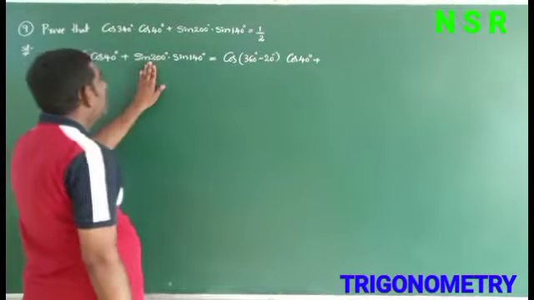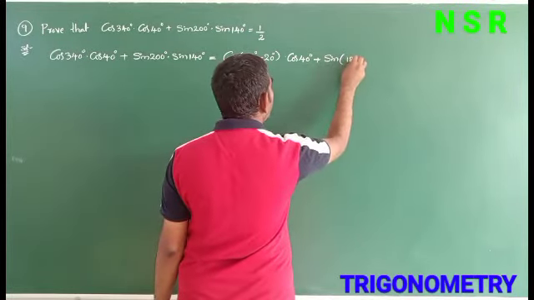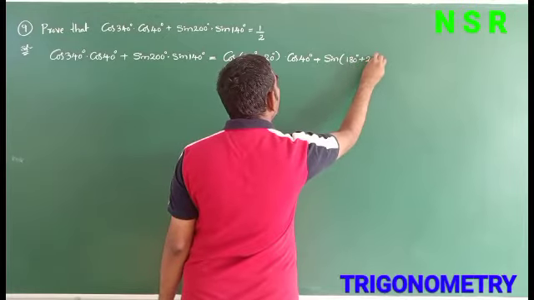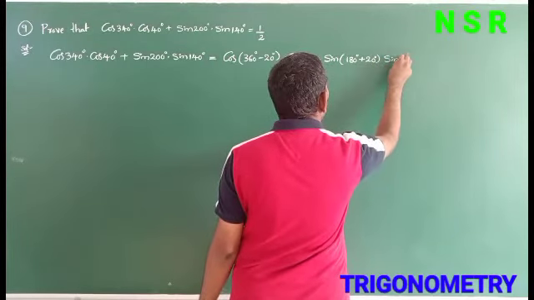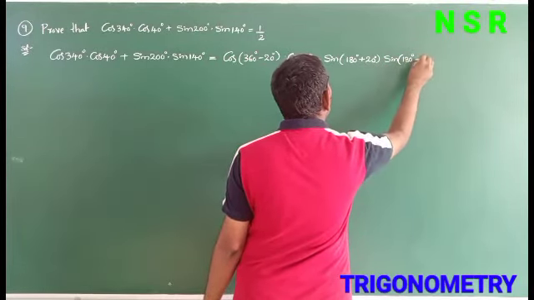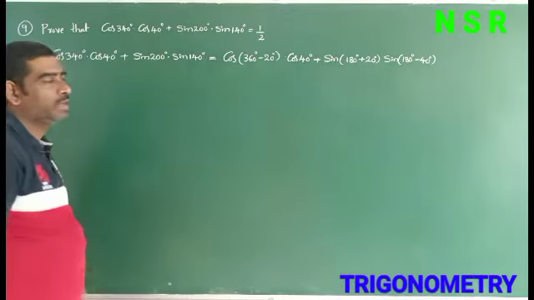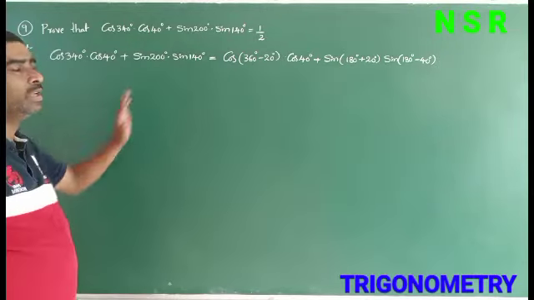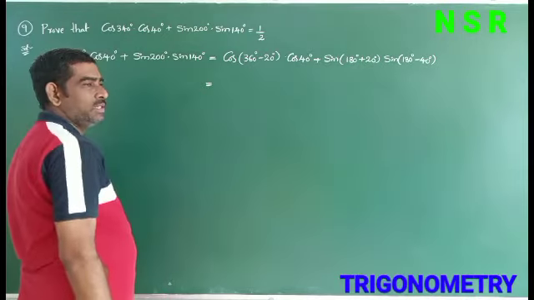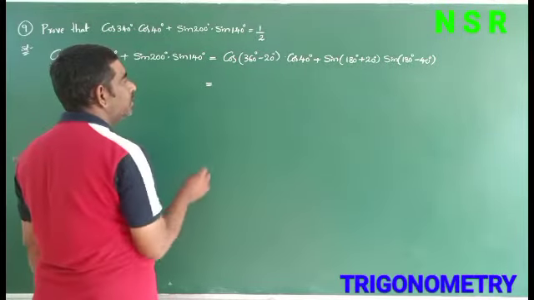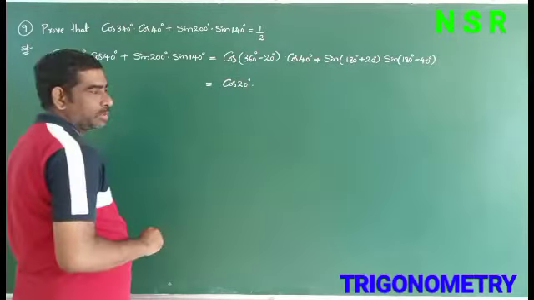Next, plus sin 200, which is near 180, so write it as 180 plus 20. Sin 140 is also near 180, so write it as 180 minus 40. So cos(360 minus theta) is in the 4th quadrant, so we get cos 20; in the 4th quadrant cos is positive.